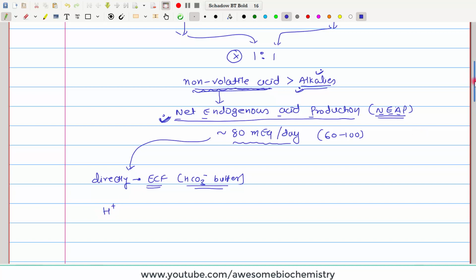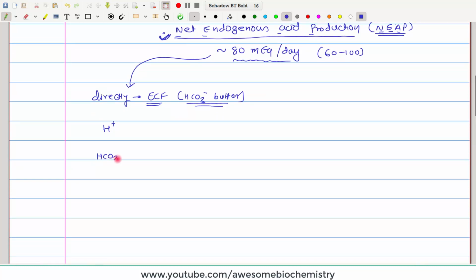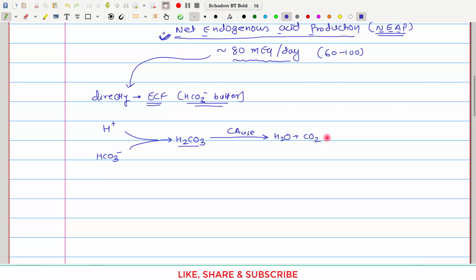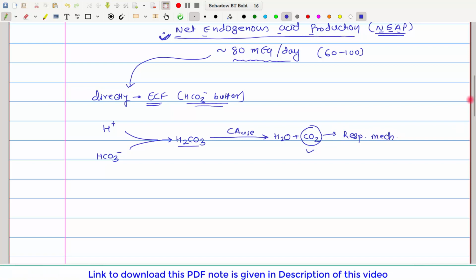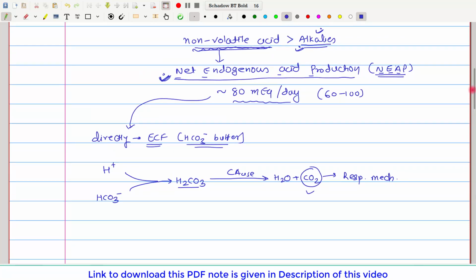This H plus will bind with bicarbonate and form H2CO3, that is carbonic acid. By the action of carbonic anhydrase enzyme, this carbonic acid is converted to water and carbon dioxide. And this carbon dioxide will again be very well handled by the respiratory mechanism. So this is not a problem, right? So it seems that here also, the buffer mechanism as well as the respiratory mechanism is solving the problem of acid-base balance.